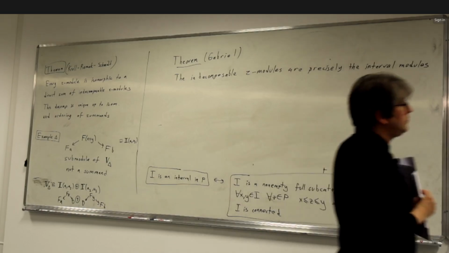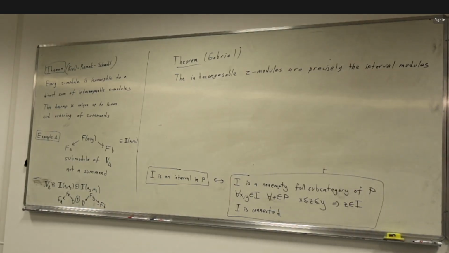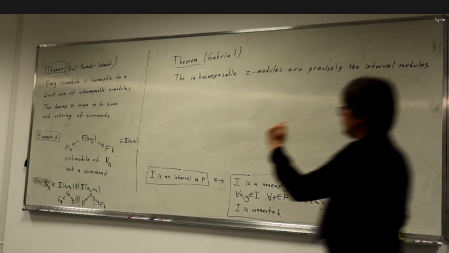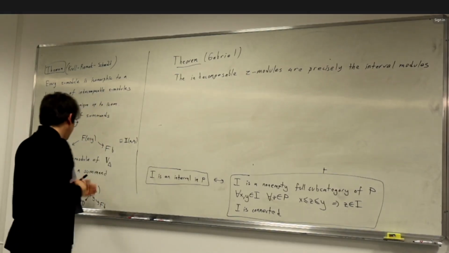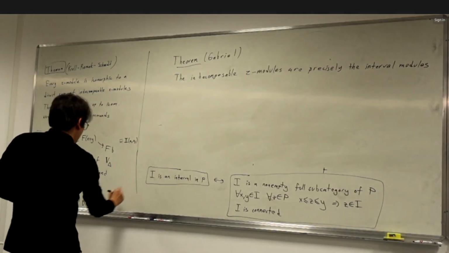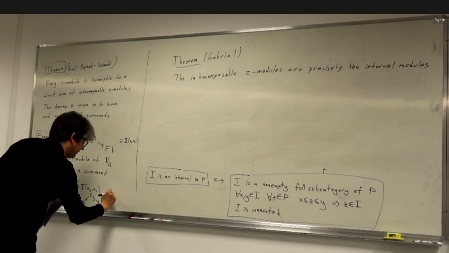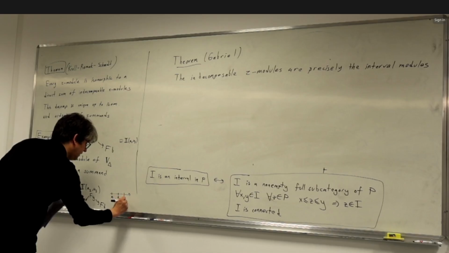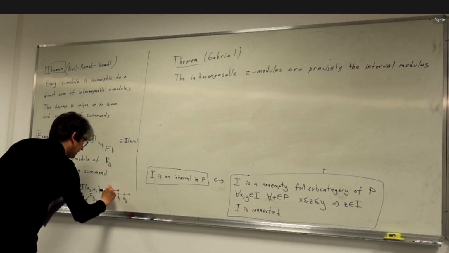Each interval module can be considered as a barcode, just one of the bars in the barcode from x to y. So you can basically write every persistence module as a barcode. So here you will have this A1, A2, A3. So you can consider this like a barcode.